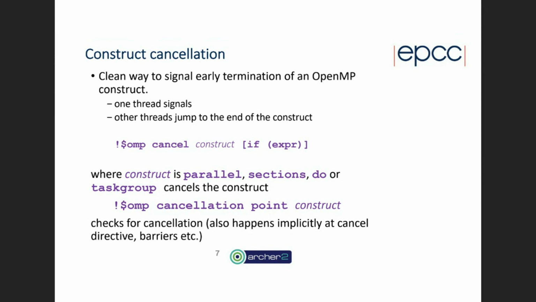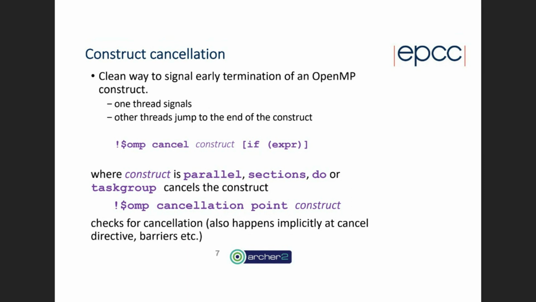So the cancel directive does the signaling, and that can be parallel, sections, do or for, so work sharing loops, or the taskgroup construct. And then you also have a cancellation point directive.